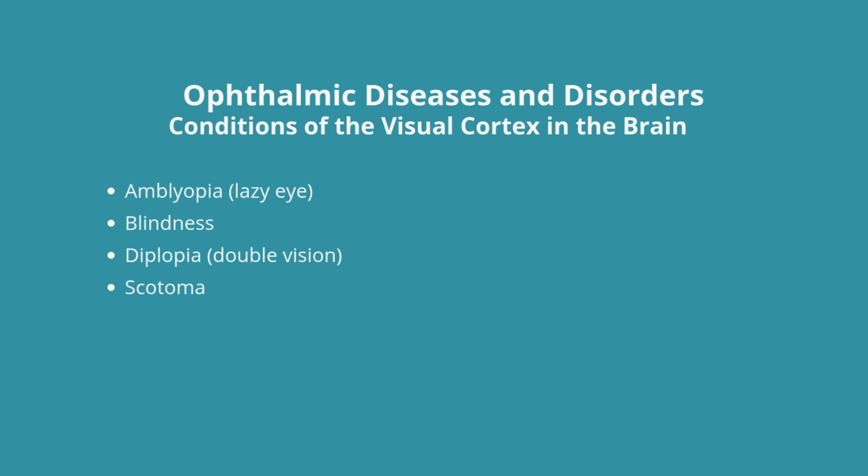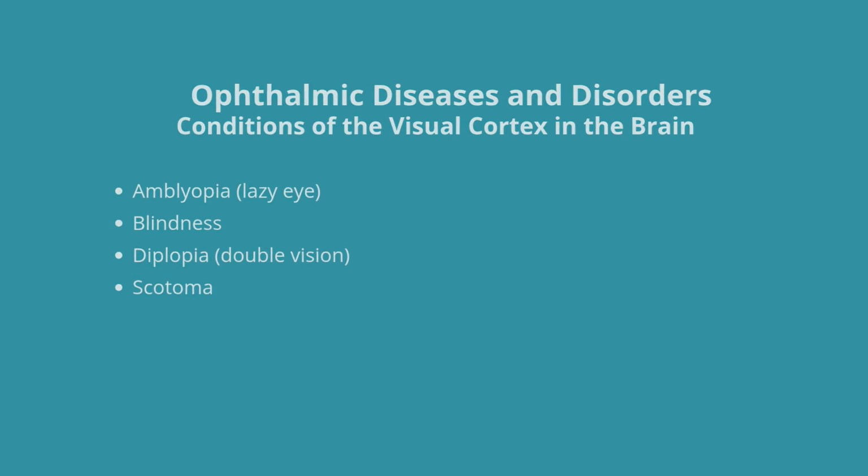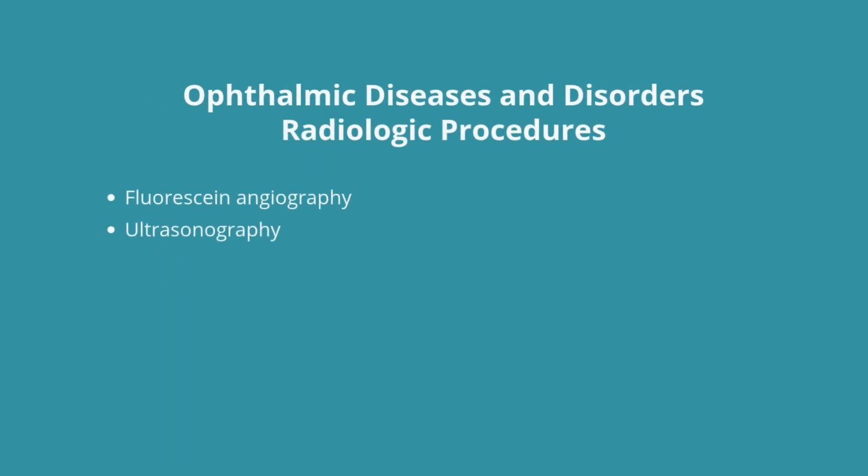Conditions of the visual cortex in the brain include amblyopia, blindness, diplopia, and scotoma. Common radiologic procedures include fluorescein angiography and ultrasonography.